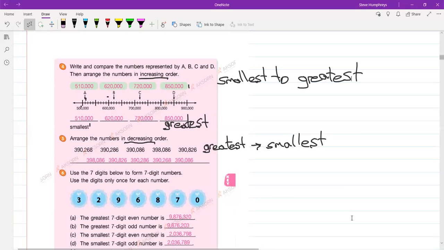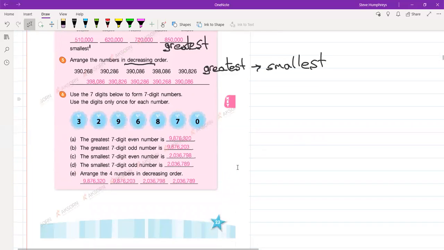Okay, the last part. On page 23, you've been given 7 digits. 3, 2, 9, 6, 8, 7, and 0. You need to make the greatest 7-digit even number.